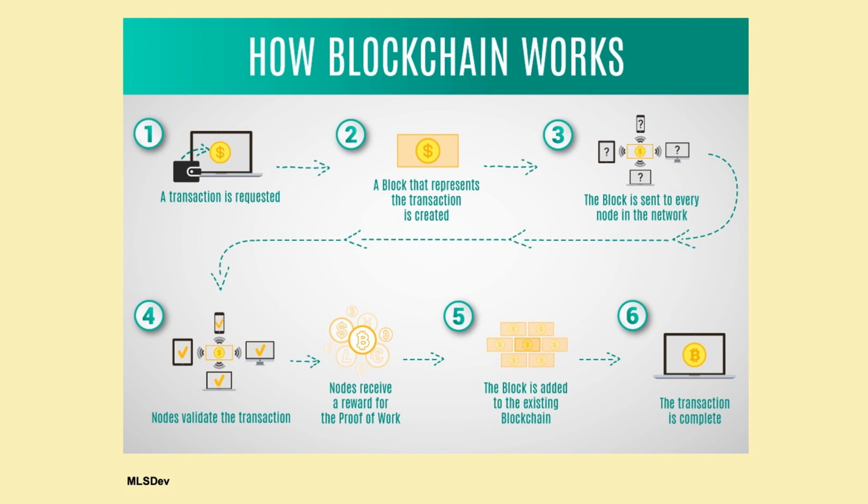Now, what happens when that information is batched? It's that the information is then sent to every node in the network. Now, what are the nodes? The nodes are simply computers all over the world that have been set up to validate the different transactions that are being sent out into the global network.